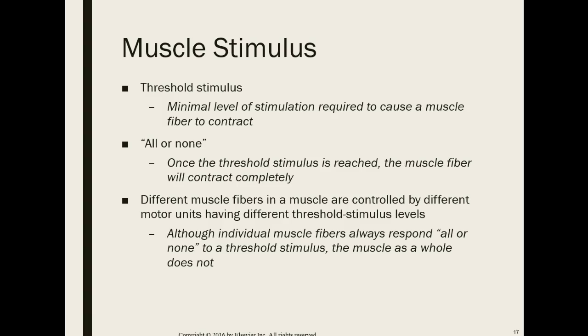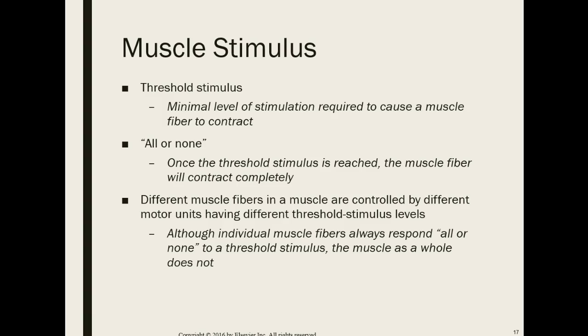So if we're lifting just a little bit of weight, only a little bit of those fibers are going to be stimulated. If we're really lifting a heavy weight, lots of muscle fibers are required, and it could contract all of the muscle fibers within the muscle organ.